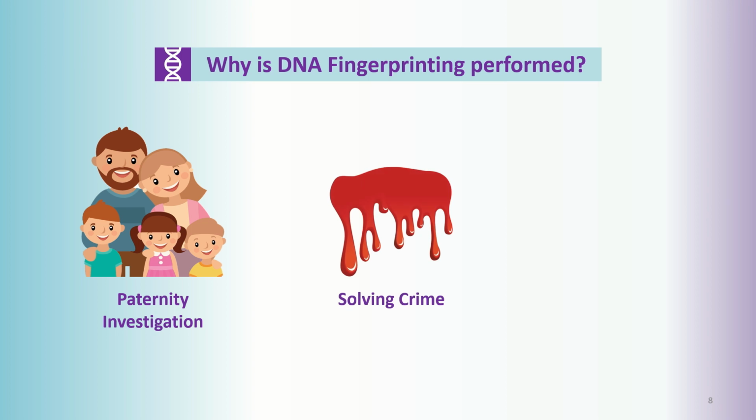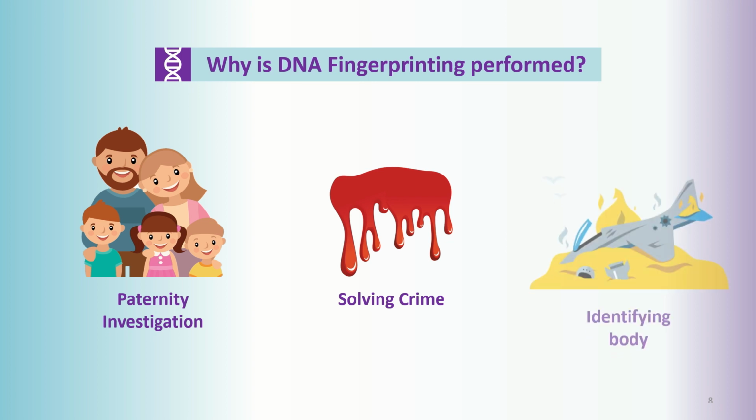The test is also an important tool to solve crime. Samples such as blood, semen, skin, or other tissue left at the scene of a crime can be analyzed to help prove whether the suspect was or was not at the crime scene.